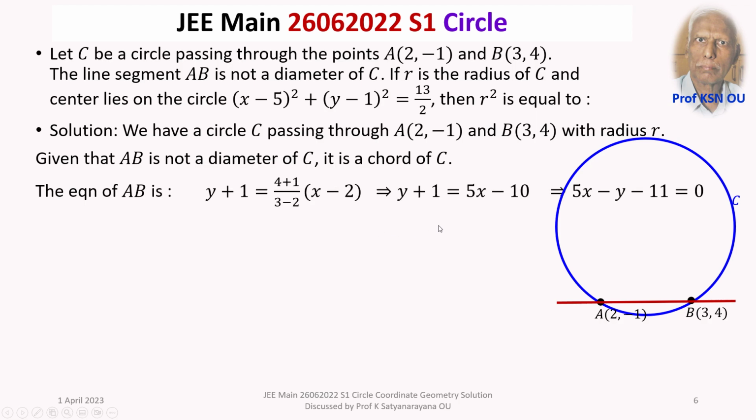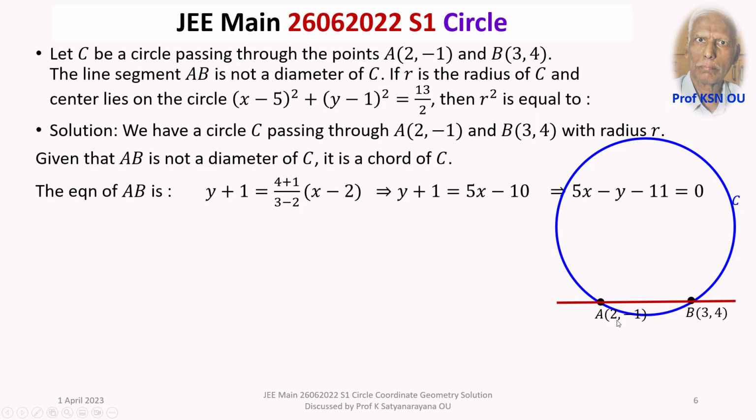Now we find the equation of AB using the two-point formula for the straight line. A (x1, y1), B (x2, y2). Then the equation of the straight line is given by y minus y1 is equal to (y2 minus y1) by (x2 minus x1) into (x minus x1).